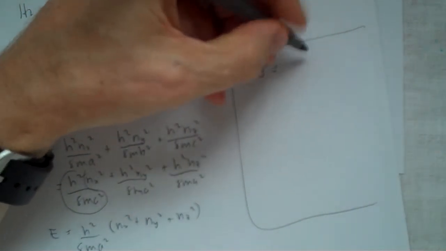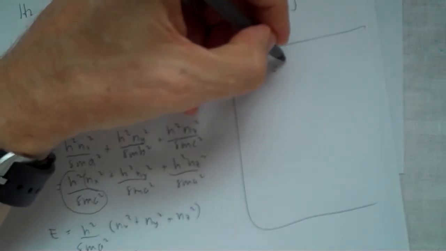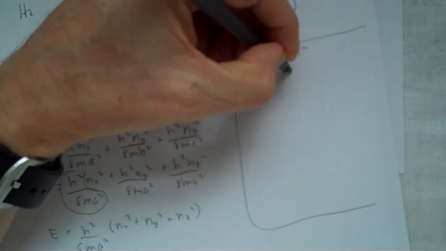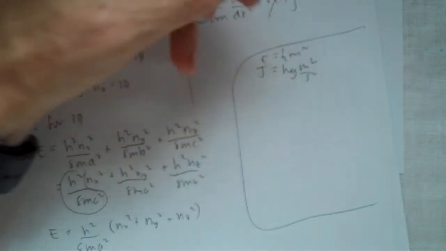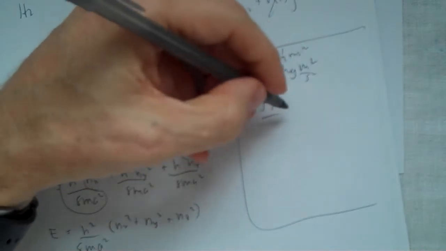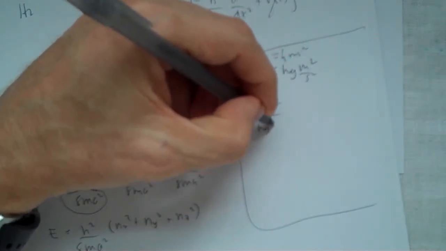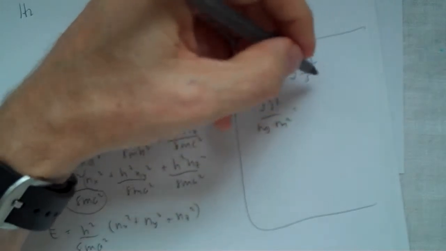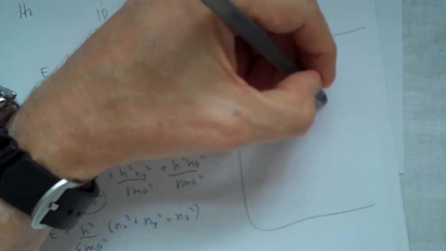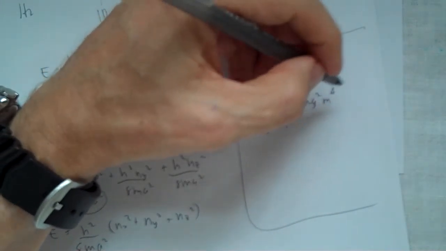Okay, so let's get a number for this. I'm going to make sure my units cancel out. A joule is equal to, remember energy is equal to 1/2 mv squared, so this is kilogram meters squared per second squared, right? So joules squared second squared over kilograms meters squared is the same thing as kilograms squared meters to the 4th over seconds squared.